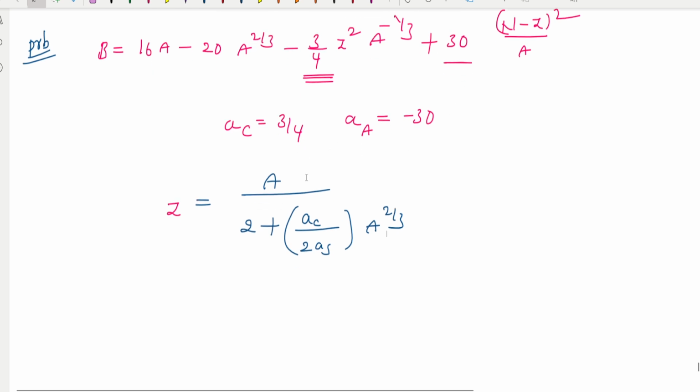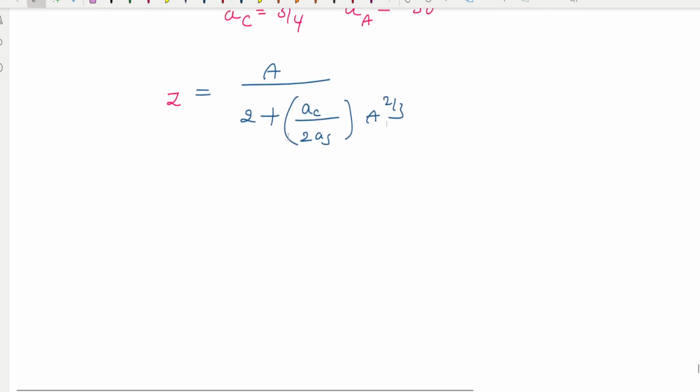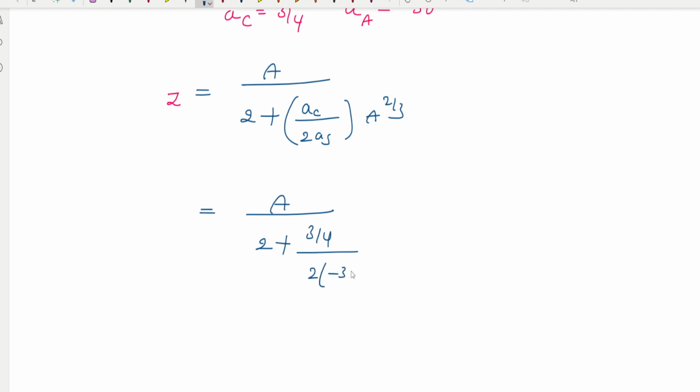So they are not giving any number A, the mass number. So the options are A divided by 2 plus 3 divided by 4 into minus 30 into A power 2 divided by 3.